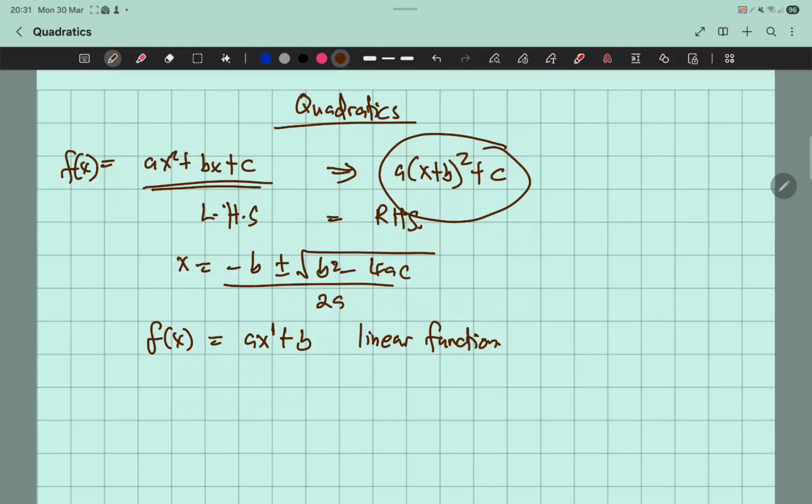So any function where the highest power is 1 is called a linear function. If f of x is equal to ax squared plus bx plus c, the highest power is 2. And because the highest power is 2, this is called a quadratic function.